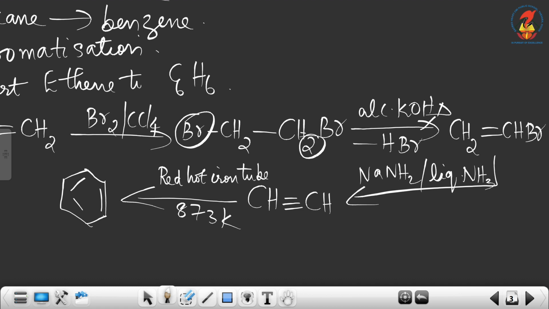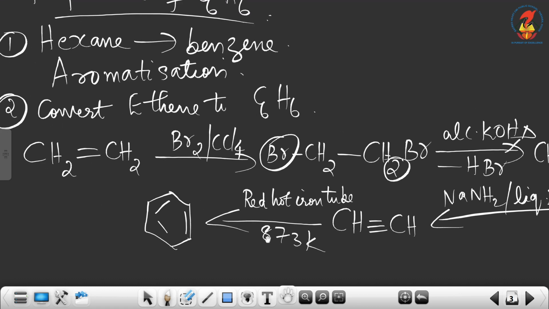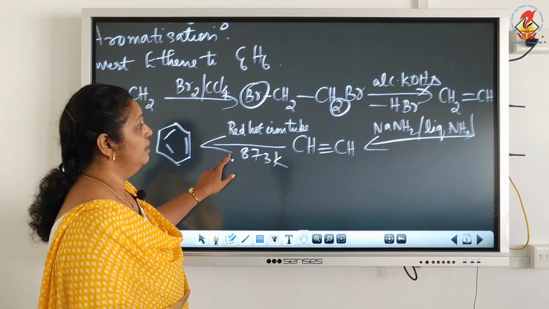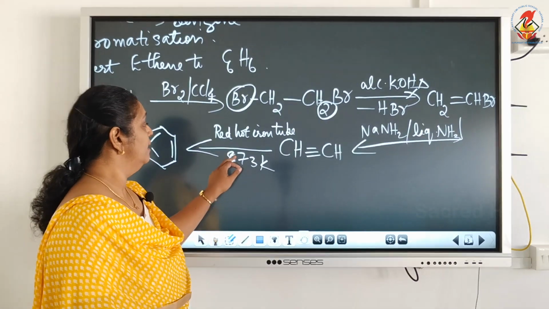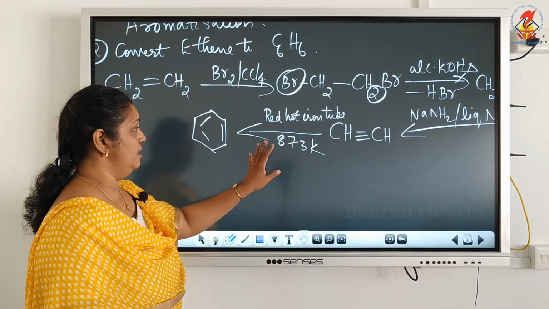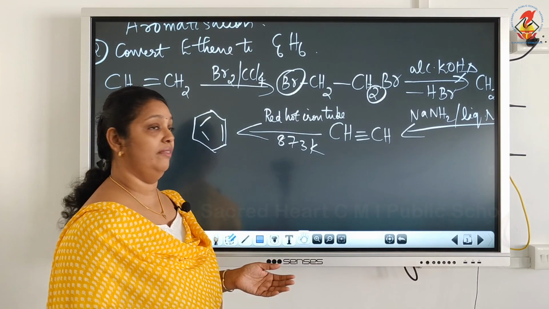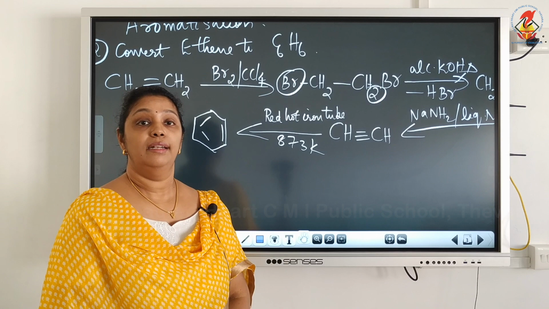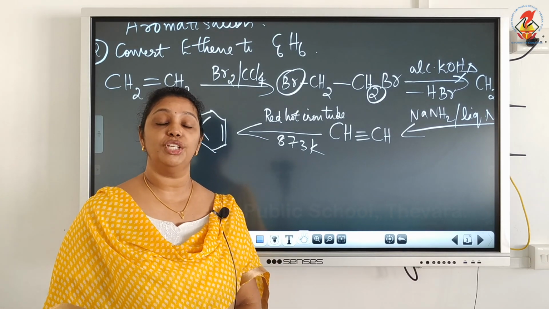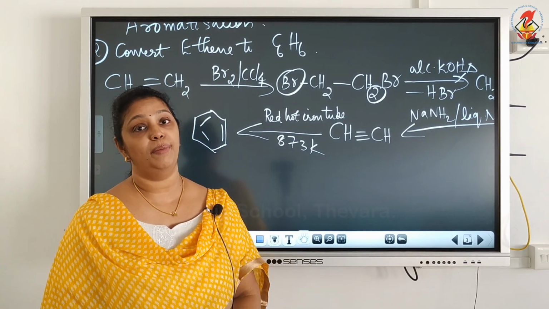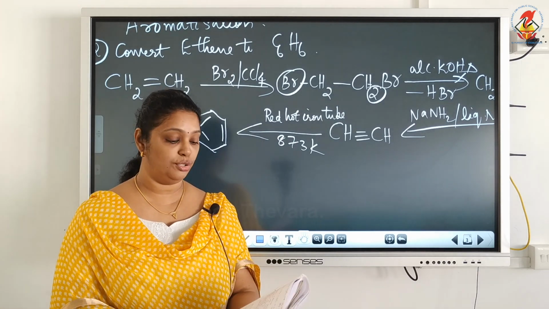So this is the conversion of ethene to benzene. First convert ethene to ethyne, followed by cyclic polymerization, that is passing ethyne through a red hot iron tube at 873 Kelvin. We get benzene.